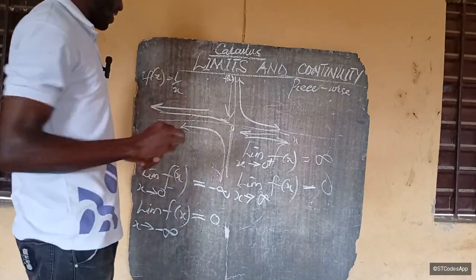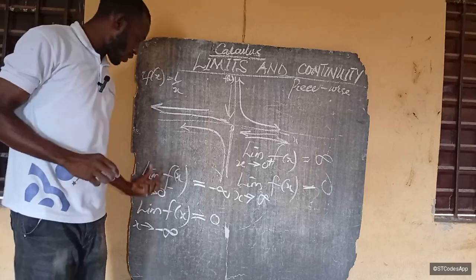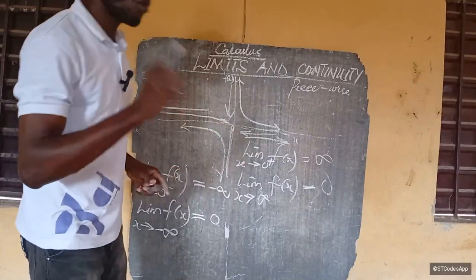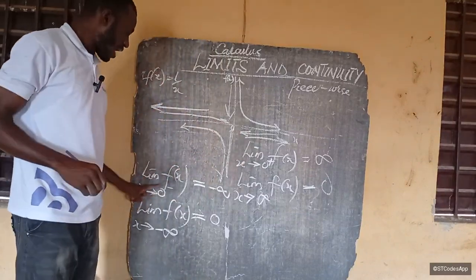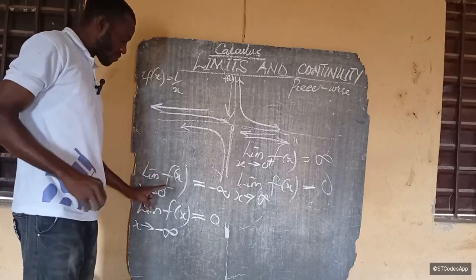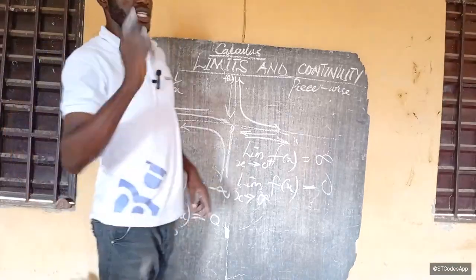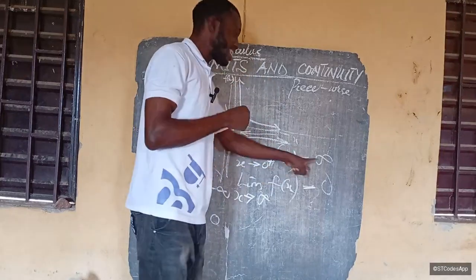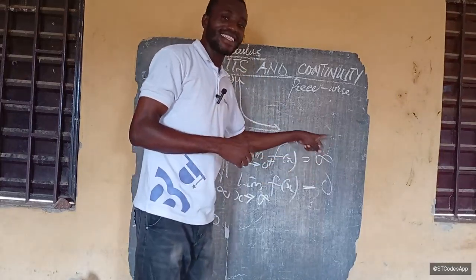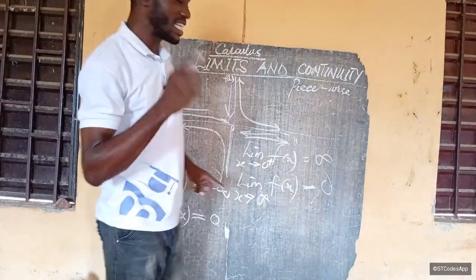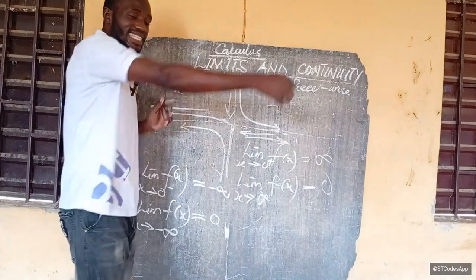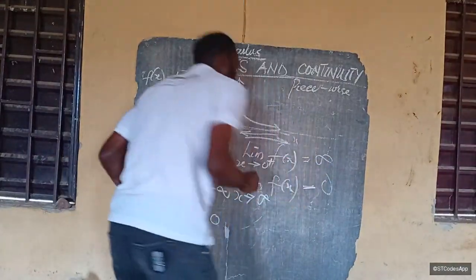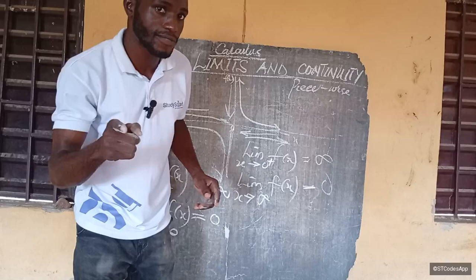Now, here's the thing. We're going to see that for this one, we have 0 and we have 0, right? So, if you look at the limits of our function as it approaches 0 on the negative side, it is negative infinity. The limit of our function as it approaches 0 on the positive side, or from the right-hand side, is positive infinity. So you are going to see that the left-hand limit and the right-hand limit are different, right? In such case, we say that the limit does not exist.